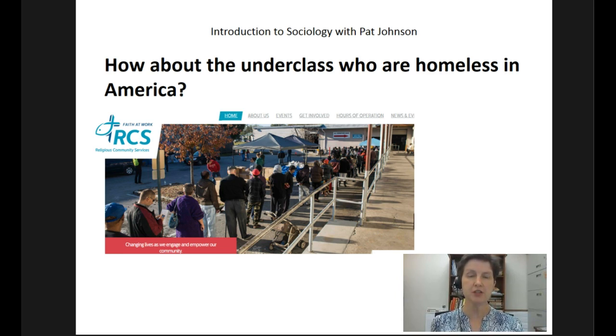The Religious Community Services, a network of many different churches in the area where I live, have one shelter where there is a food bank, where there is a homeless shelter. This puts the homeless more into the category of relative poverty than absolute poverty because there is a safety net. Not a great one, but a safety net to help them meet their basic needs.